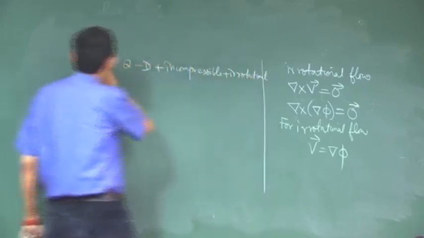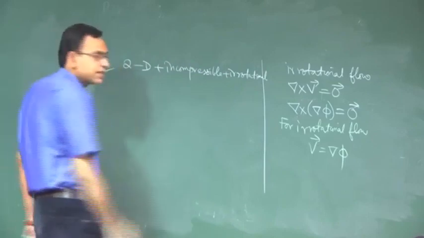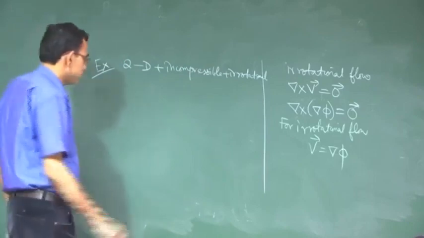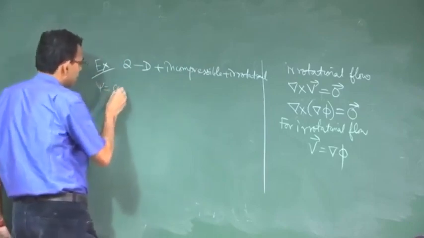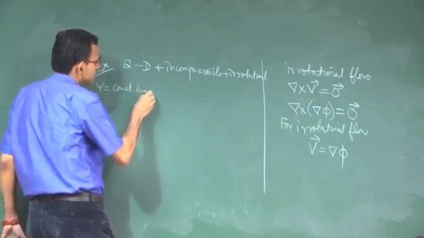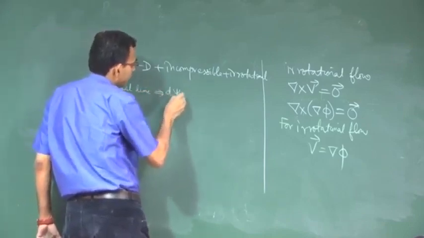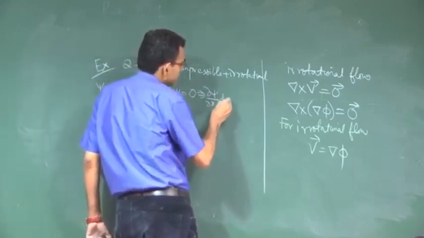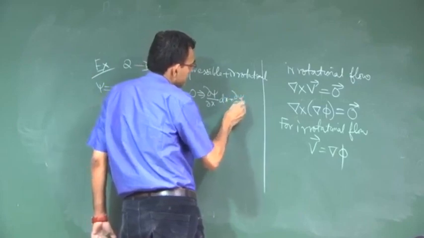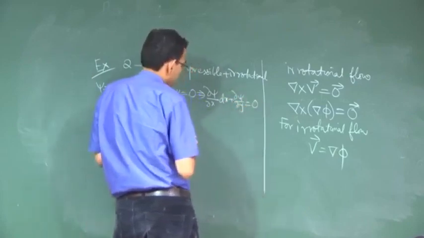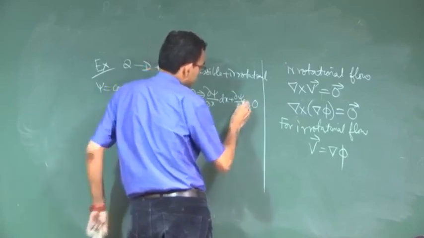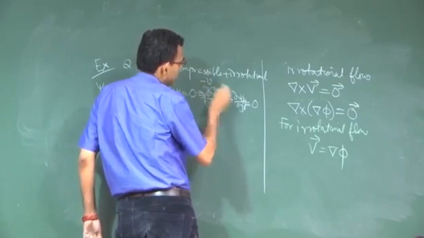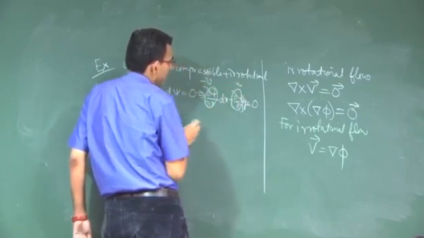This special example is to represent a situation when phi and psi are both defined, so you can make a comparison. So if you have psi equal to constant line, you can write d psi equal to 0, so this is u and v.